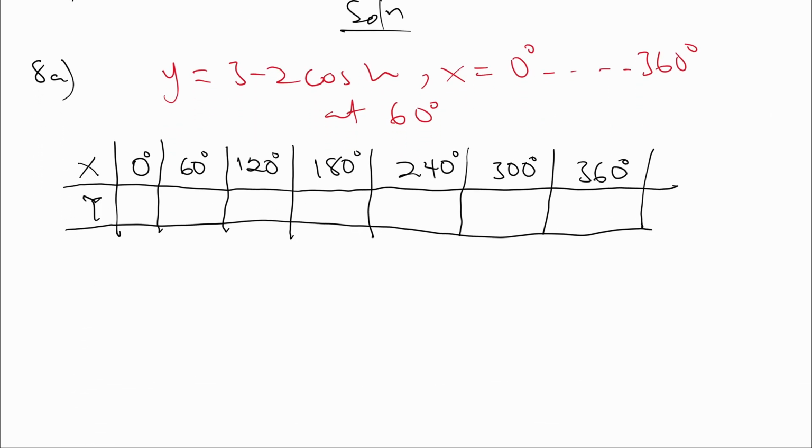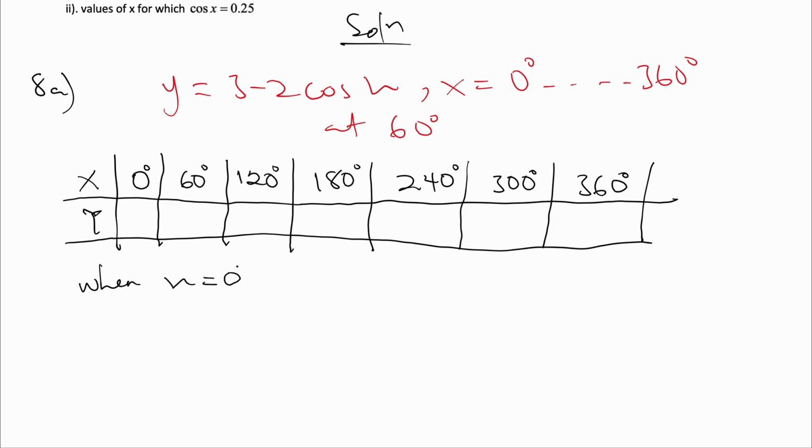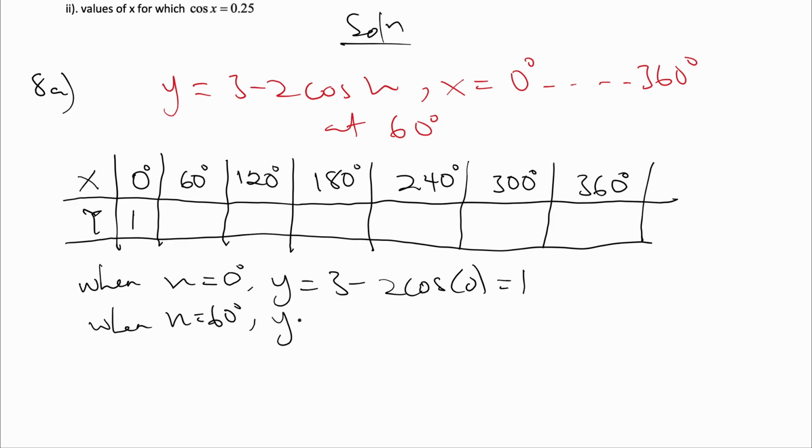When x is equal to 0 degrees, y is equal to 3 minus 2 cos 0, and this is equal to 1. When x is equal to 60 degrees, y is equal to 3 minus 2 cos 60, and this is equal to 2.